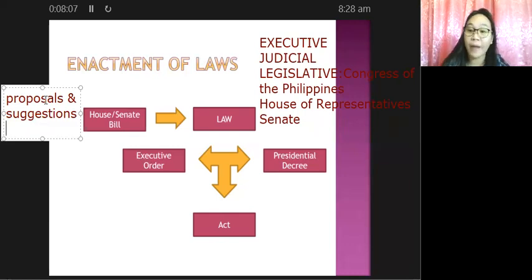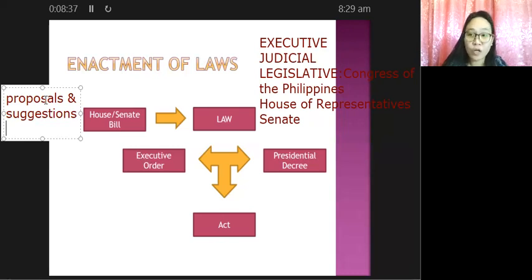We have the government, the different government agencies, so they can make proposals or suggestions to our Congress. Apart from that, a proposal or a suggestion may also come from the president. If you have watched the different SONA of the president, there are instances when he makes suggestions or proposals.